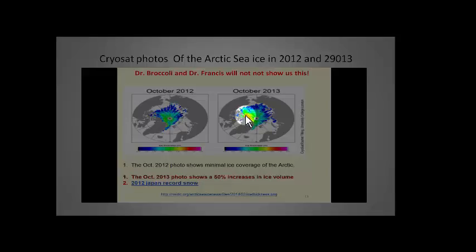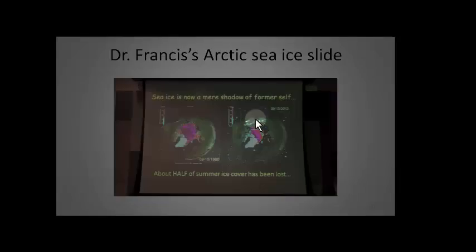How could we have more ice when there is more human-produced carbon dioxide than ever before? If you and I are the guilty party with our SUV cars and our fossil fuels, how could the Earth be colder? The 2013 cryosat photo destroys the validity of Dr. Francis's study on the rapidly melting Arctic sea ice.